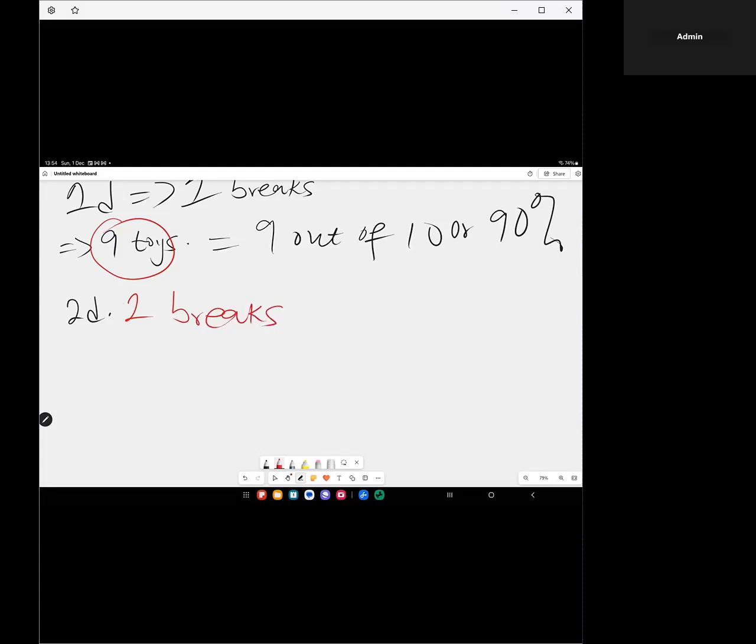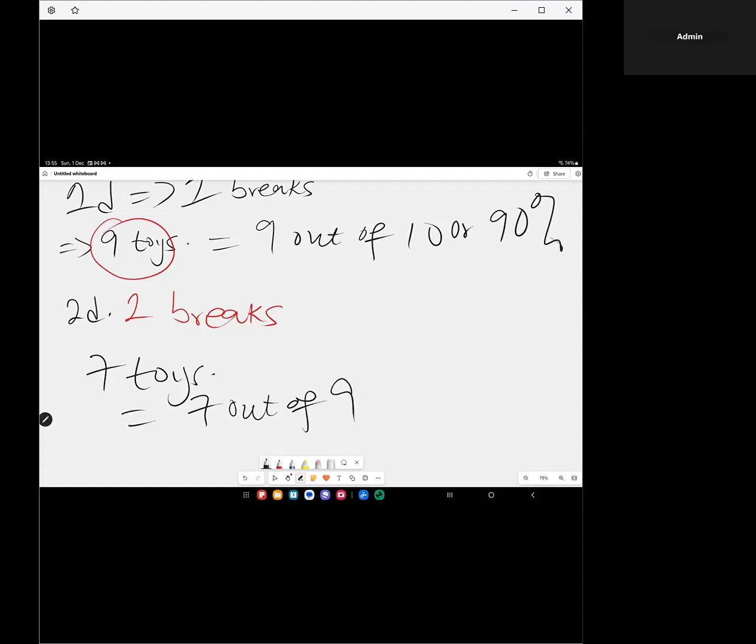Now, out of these 9 toys, we'll be left with a total of 7 toys. All right, so the chance of surviving the second day will then be 7 out of 9.